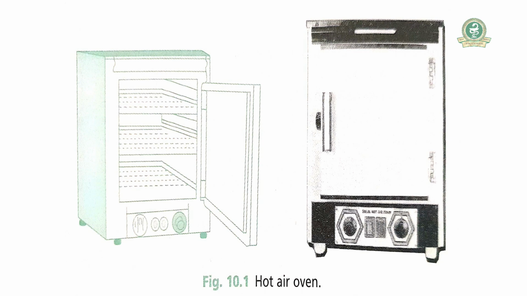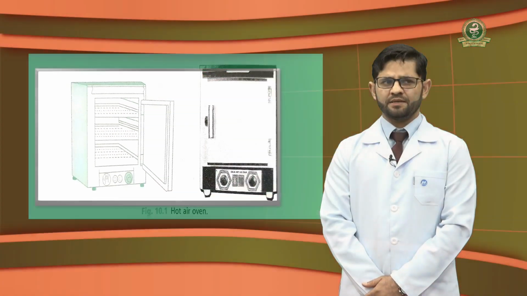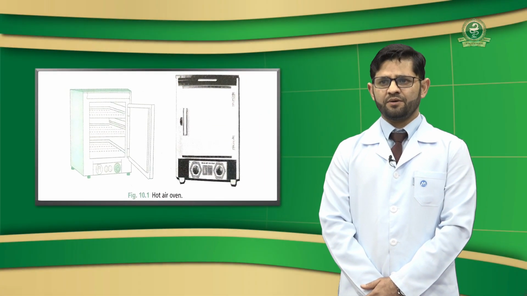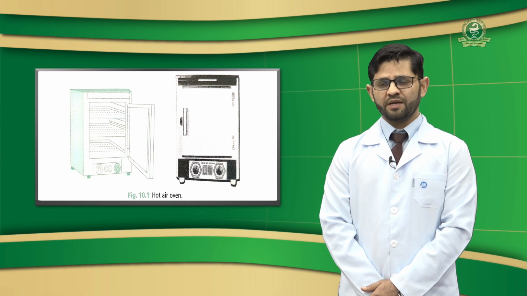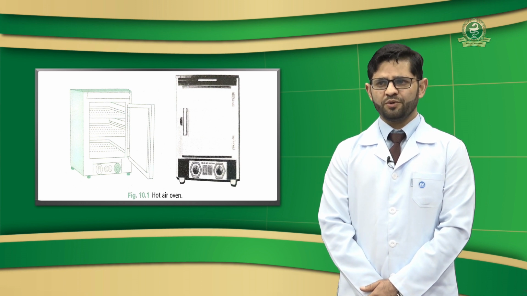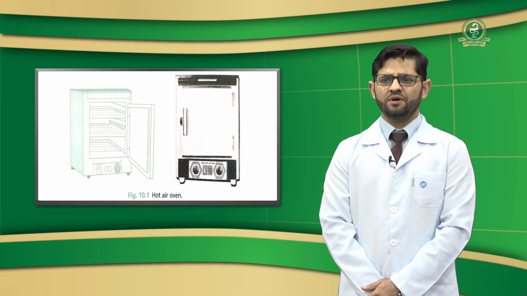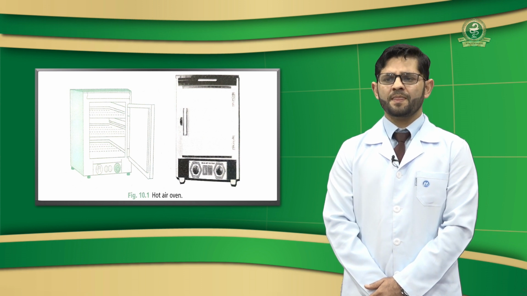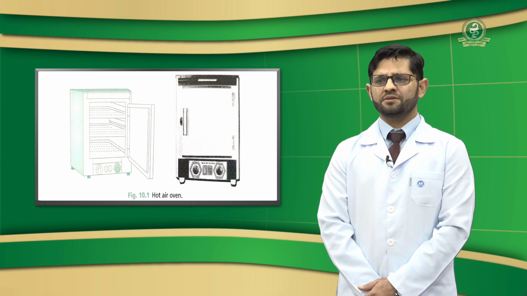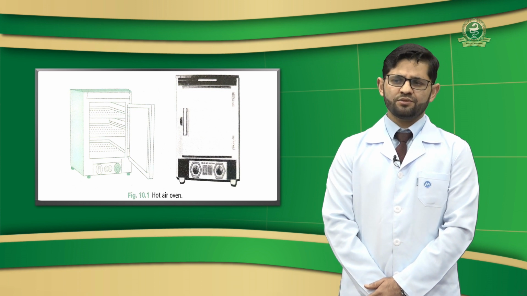Here you can see that two buttons are present and two indicators are present. The indicators are red and green. When the green light is shining, it means you are allowed to open the door of the hot air oven. And there is a temperature regulator, also a timer.